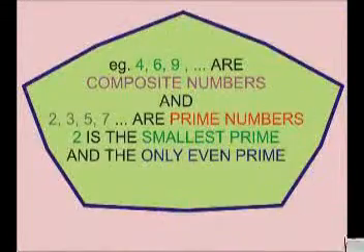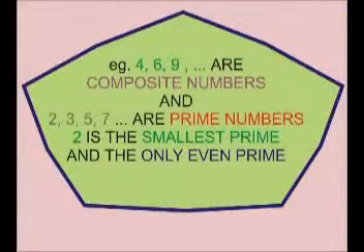For example, 4, 6, 9, 18 are composite numbers, and 2, 3, 5, 7, 11 are prime numbers. 2 is the smallest prime number and is the only even prime number.